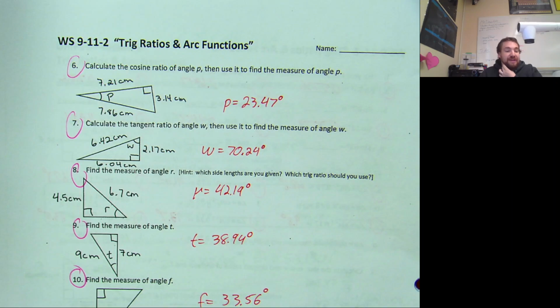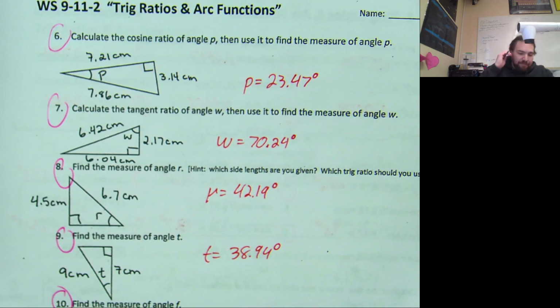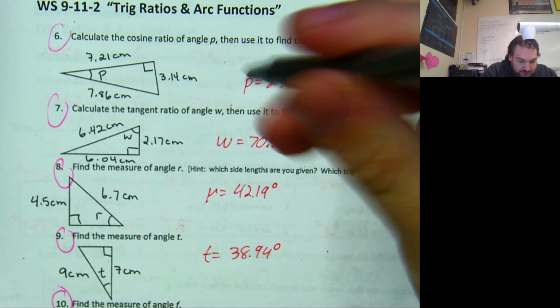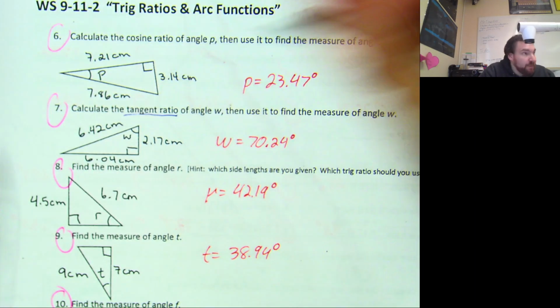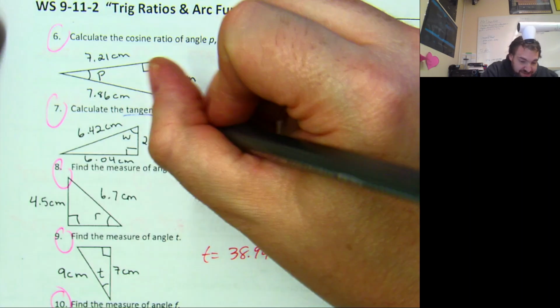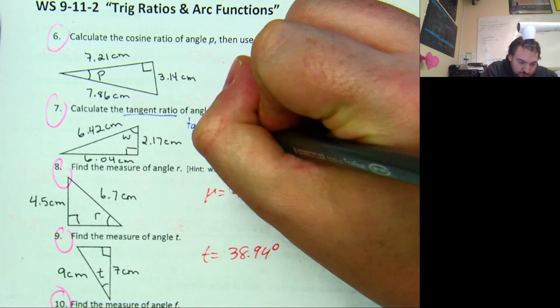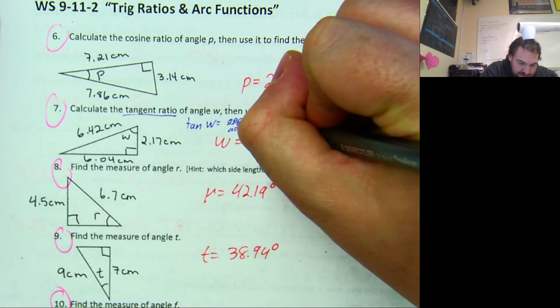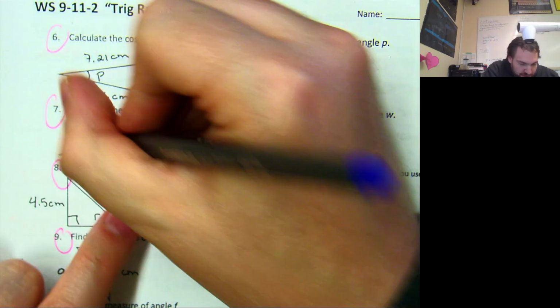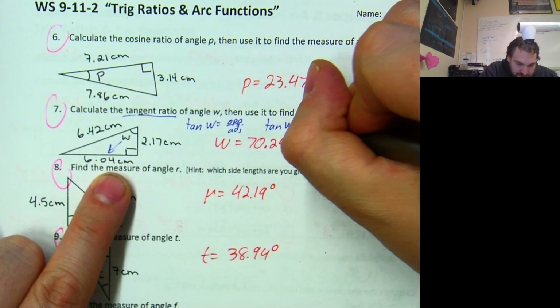Okay, so number 7 says to use the tangent ratio to find W. So W is this angle here. So for tangent ratio, which sides do we want? Opposite over adjacent. Good, I heard someone say it. So tan W equals the opposite side over the adjacent side, which is 6.04 divided by 2.17.